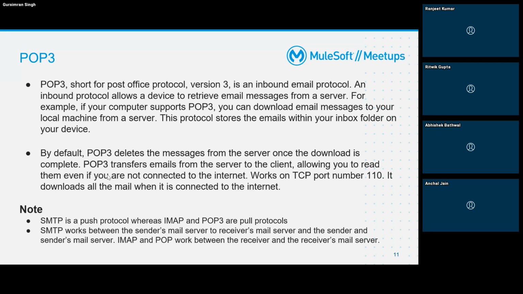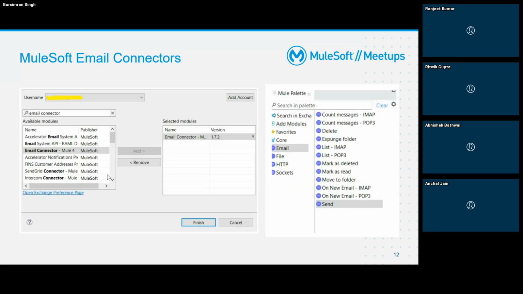Now, let's not waste much of our time on the theory, but do the practical. Let me move to the next slide. This is a snapshot of the MuleSoft email connector. As I mentioned, MuleSoft provides various out-of-the-box connectors.